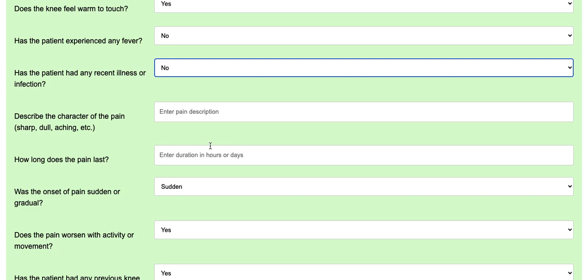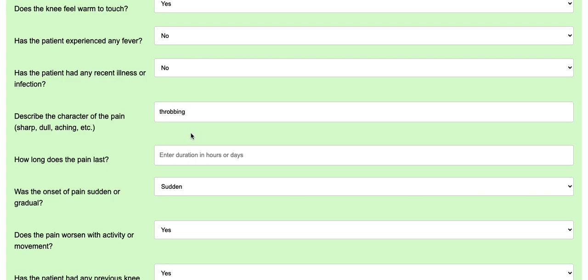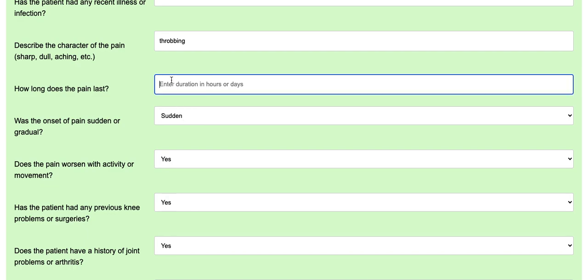Describe the character of the pain: sharp, dull, or aching. Let's say it's throbbing. Let's put something which is not in the options, right? How long does the pain last? Duration.